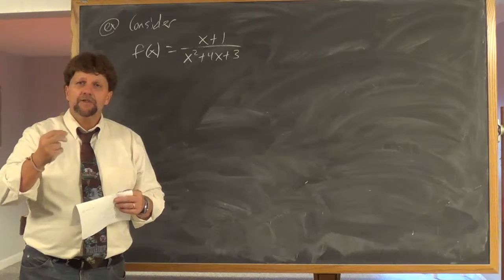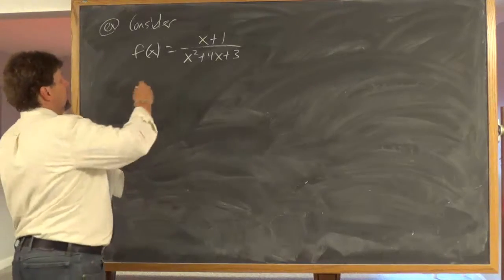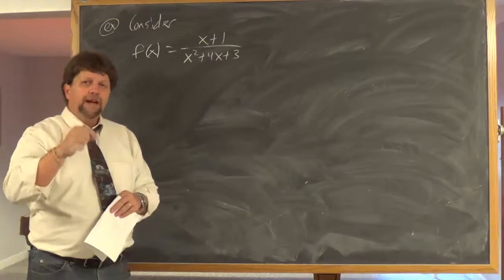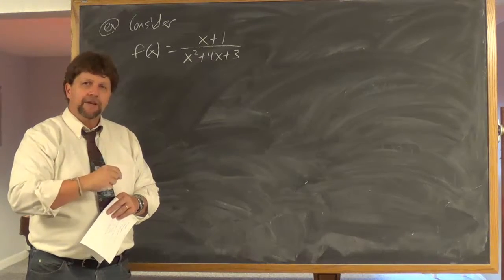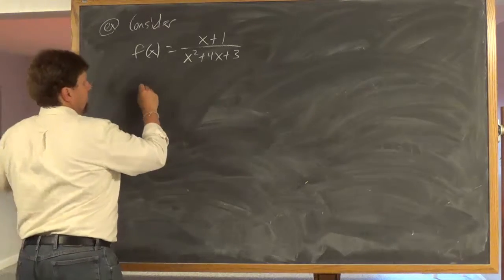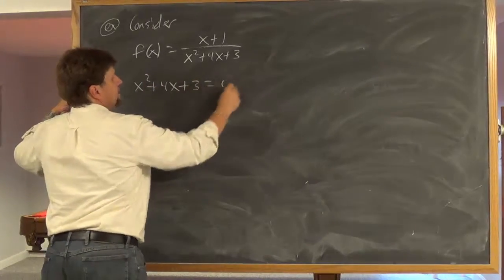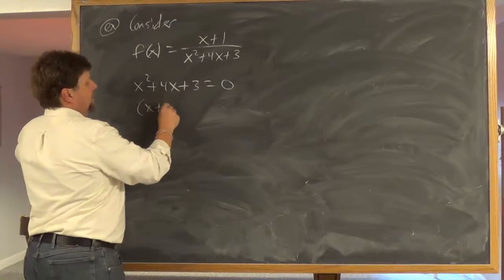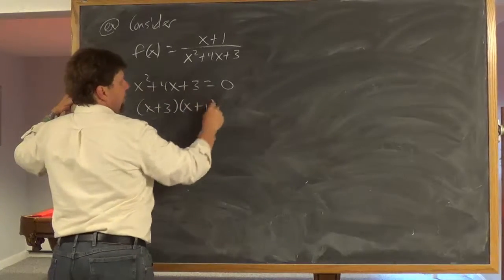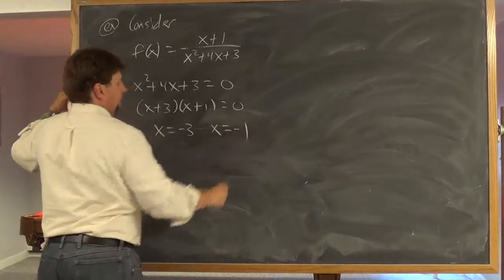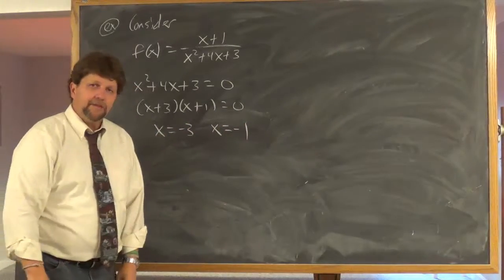And it's really this straightforward. Look at the denominator. Find the values of x that make the denominator 0. So here, find the values of x that make this denominator 0. Well, this denominator factors very nicely. You have 2 values of x that make the denominator 0.